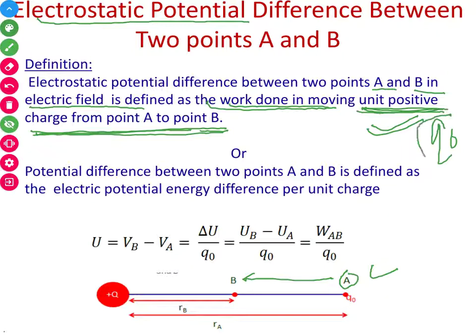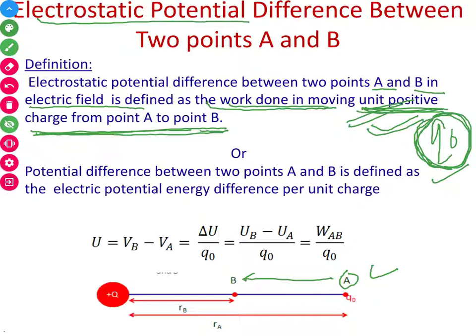In potential energy we have to take the test charge Q0, and in electrostatic potential we have to take the unit positive charge. Otherwise both definitions look the same.